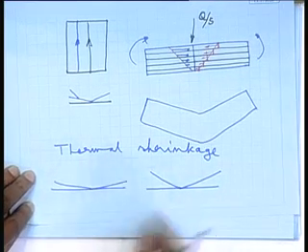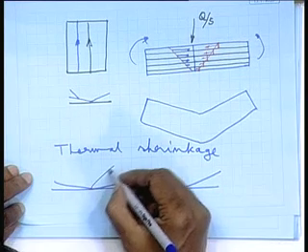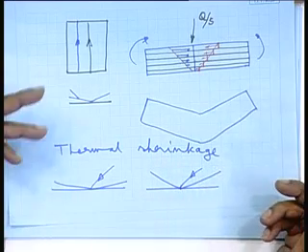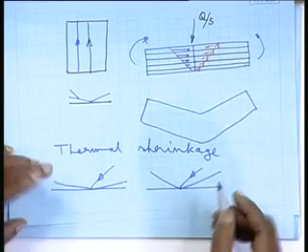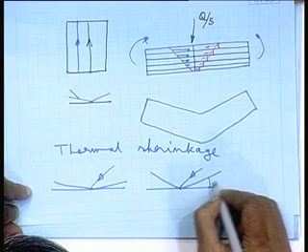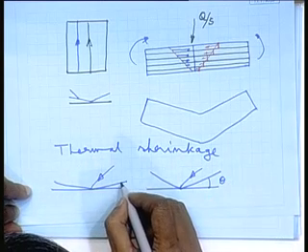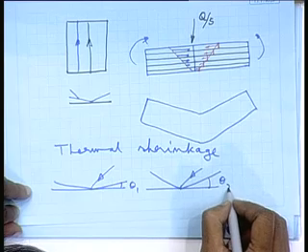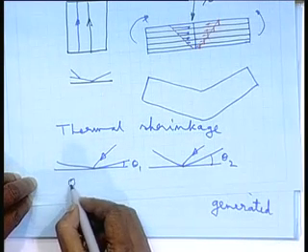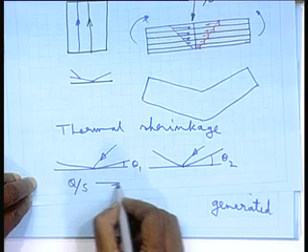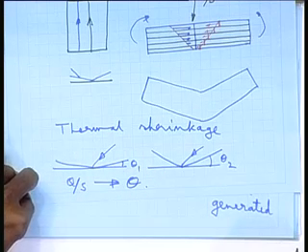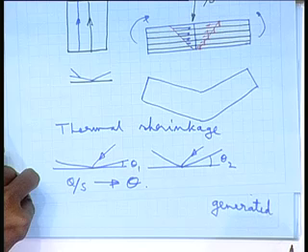Say the same plate, here I have done some heating, here I have done some other heating. That means I should know how much this angle theta is. That means some correlation of Q by S to this angle of deformation has to be established.